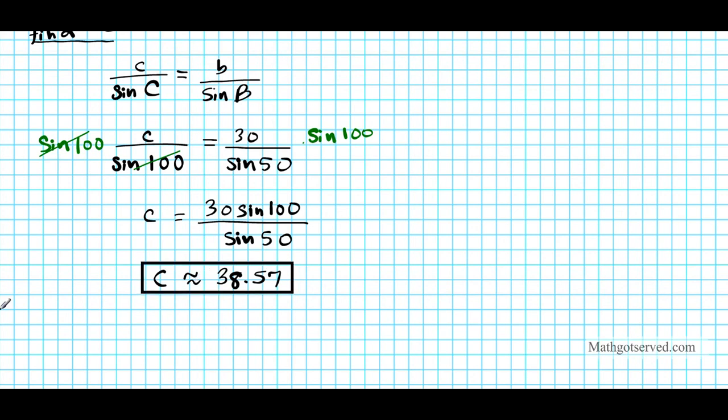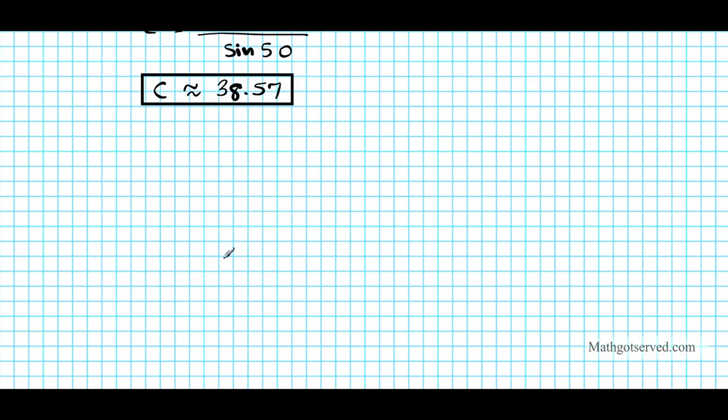Okay, so let's organize all our answers in a list so that we make sure we have everything down. So for this problem, we have for solutions, big C equals 100 degrees.